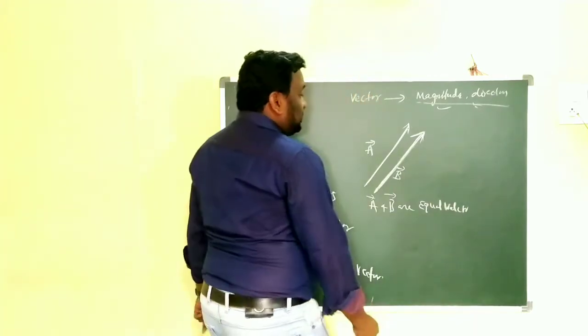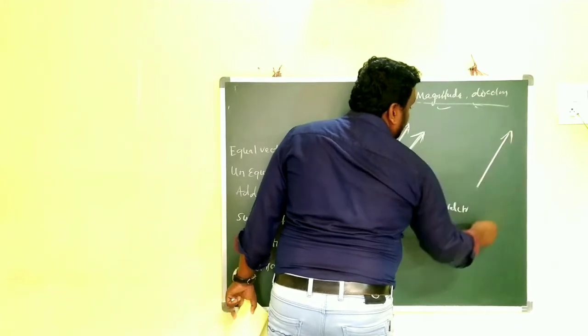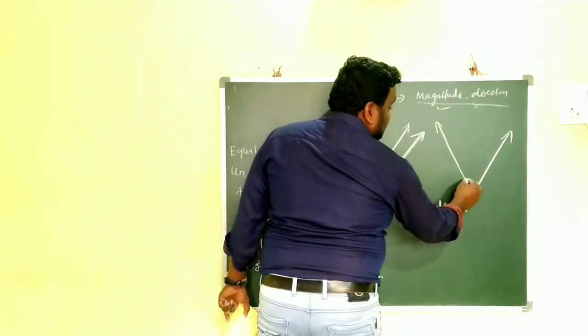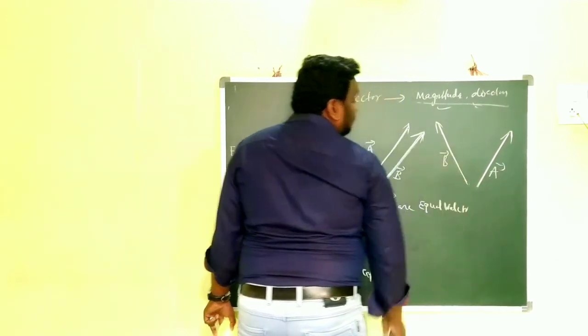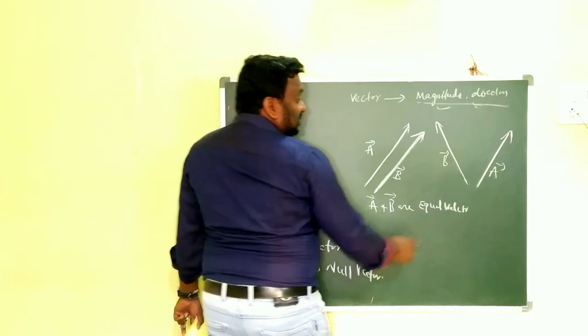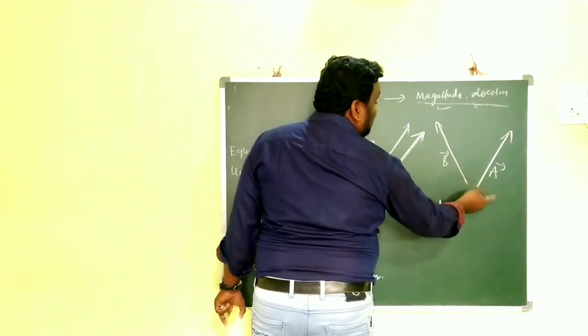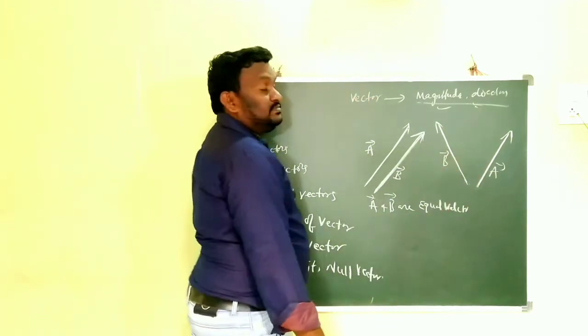For example children, now this is vector A and this is vector B. Now in this case, both have the same magnitude, but both are in different directions.